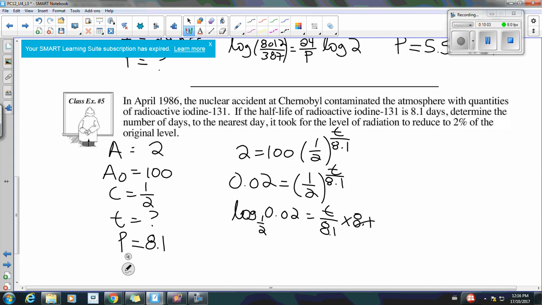If you multiply both sides by 8.1, you will get your answer. T equals 45.715, and it keeps going. So we will round this to 46 days. Okay, and we'll stop there.